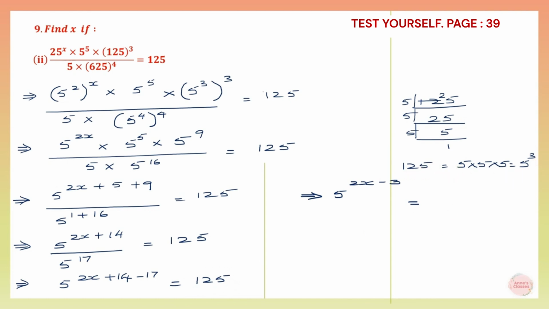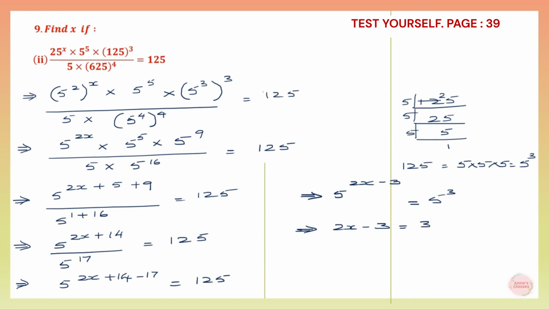So now when the base is the same, the powers are equal. So 2x minus 3 and 3, they're equal. So we're going to write that 2x minus 3 is equal to 3.